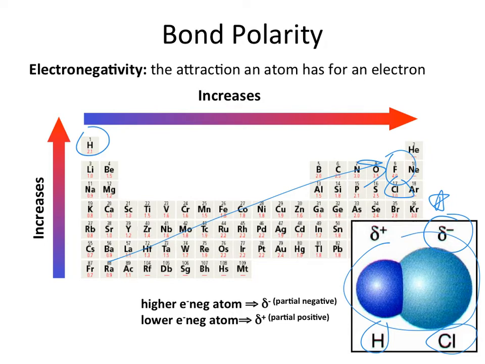The opposite is true for the one with the lower electronegativity value, which is going to have a partially positive charge on its surface area. These types of charges, or dipole moments as they're called, are going to dictate some of the behaviors of the compound. So let's look at this a little bit more in depth.